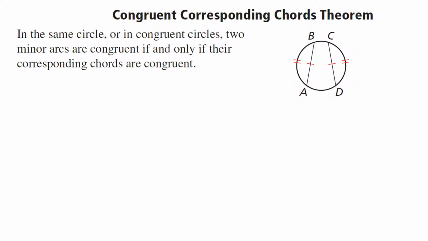The minor arcs must be congruent if those chords are congruent. Right? The arcs are congruent if and only if the chords are congruent. Previous lesson, it was the central angles that had to be congruent. Well, we're not working with central angles this lesson. We're working with chords.